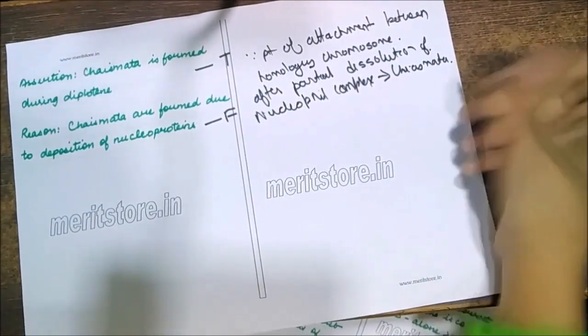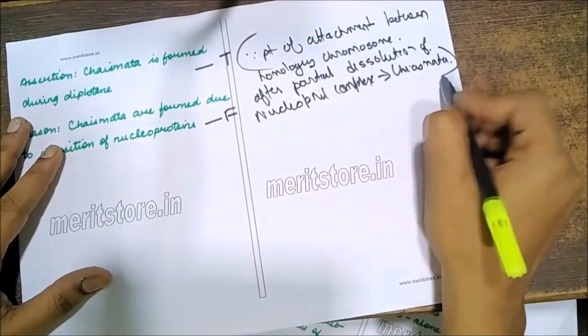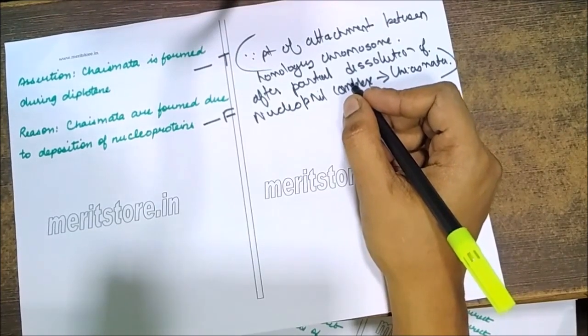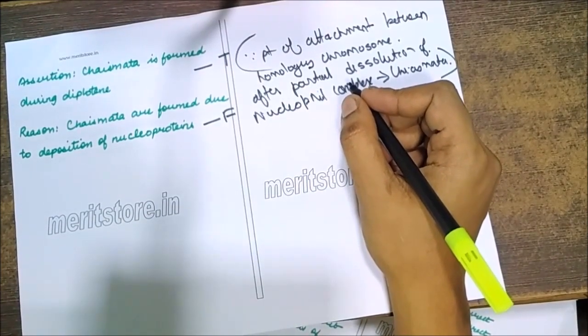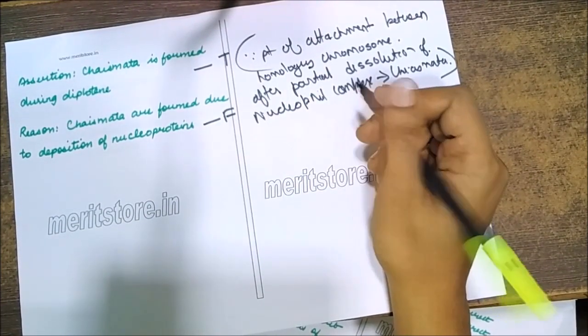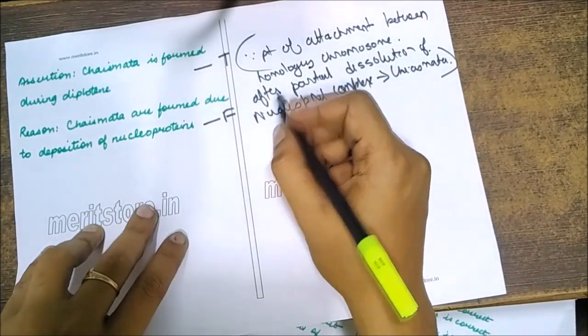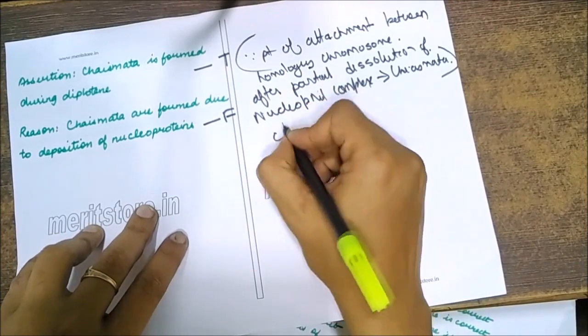Now this process wholly occurs during diplotene. So this statement is correct. And chiasmata formed due to deposition of nucleoprotein? No, this statement is false. So the correct option is C.